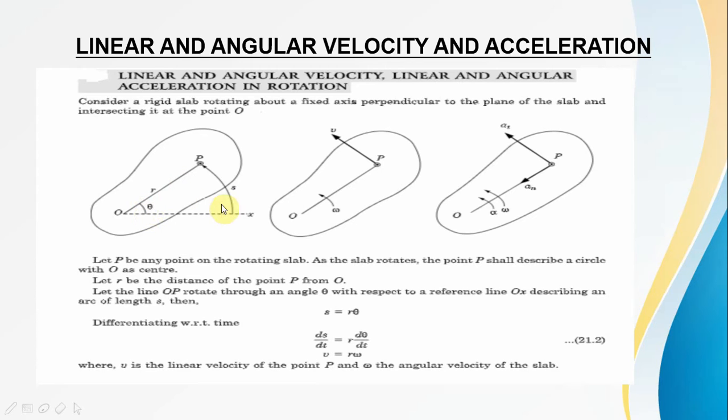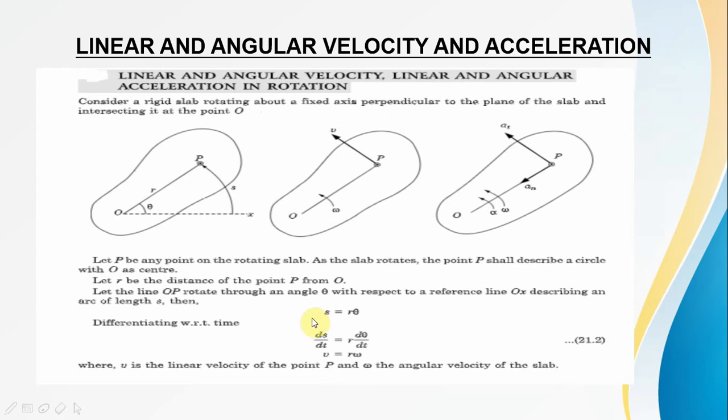So this is the theta angle. Let us suppose when this theta rotation is there, at that time the linear velocity is v, tangential acceleration is at and normal acceleration is an, right? And this is angular acceleration, this is alpha. So let us find a relationship between linear and angular velocity and linear and angular acceleration, right?